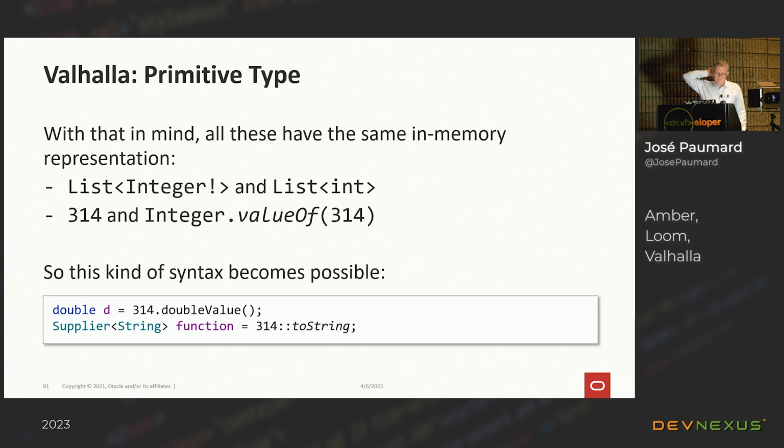You can call, yes, doubleValue, this will work. And you see that this list of Integer bang, this is how people are reading it, list of Integer bang, has actually the same memory representation as an array of ints. So all the performances, if you want to sum these ints, find a min, find a max, whatever, all the performances are the same, which is great.